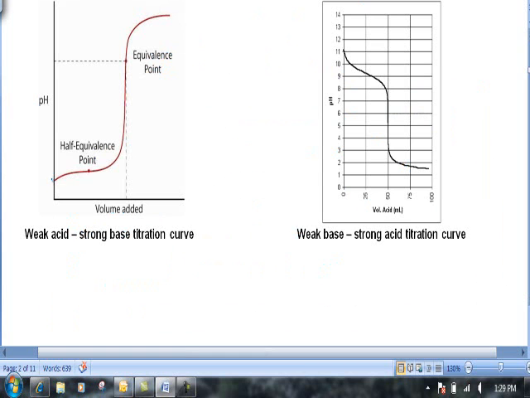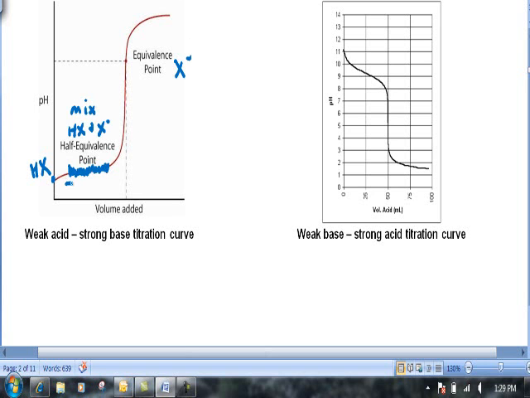In this weak acid, strong base titration, at the beginning there's only weak acid, HX. At the equivalence point there's only salt, X minus. But in this area, where the pH is staying fairly constant even though we're adding sodium hydroxide, we'd have some kind of mix of weak acid and X minus.